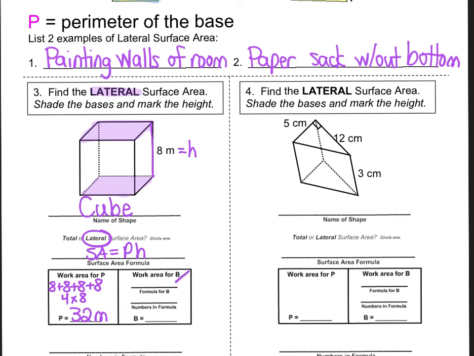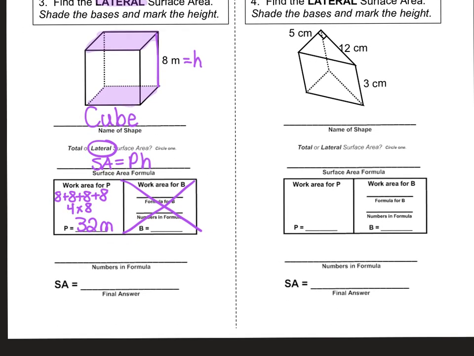No. I get to mark that piece out because I don't need the area of the bases, since this is only lateral. So I'm going to plug in my numbers. Big P times H, 32 times 8, and I am going to get 256, and this is area, so it'd be meters squared. And that's it.